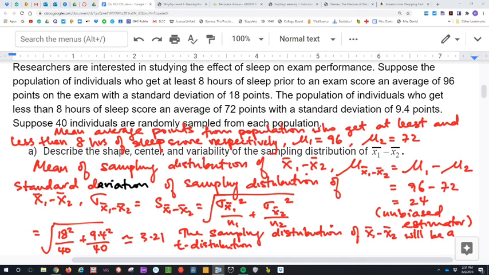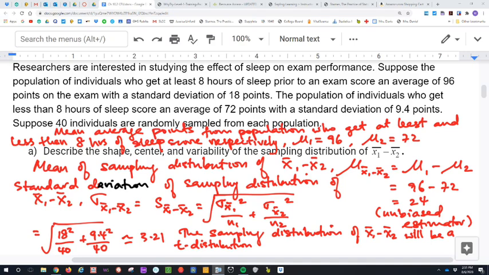And when that's unknown, we can only use what we are given: the population standard deviation of group 1 and of group 2. But the actual population standard deviation of the difference of two groups, we don't know. So if you don't know the population standard deviation, you can use a t distribution.